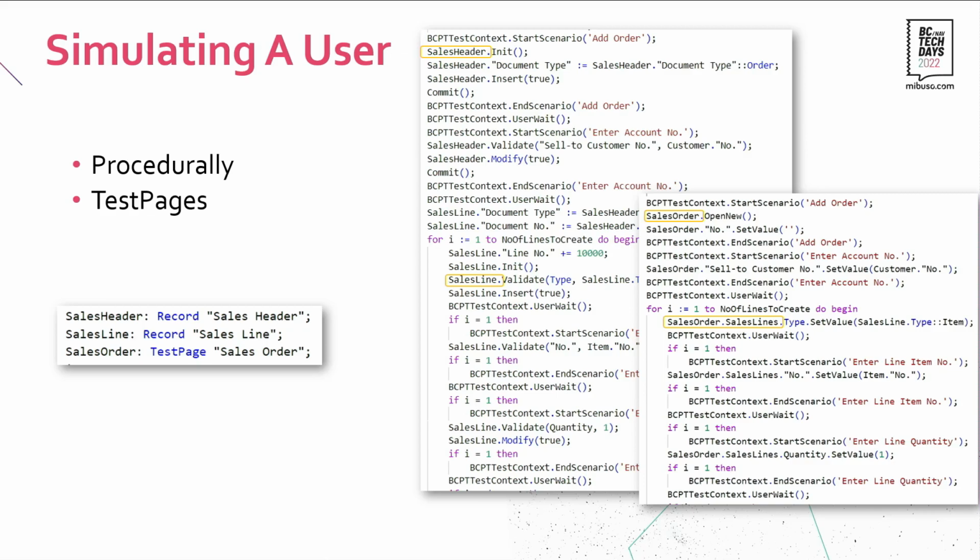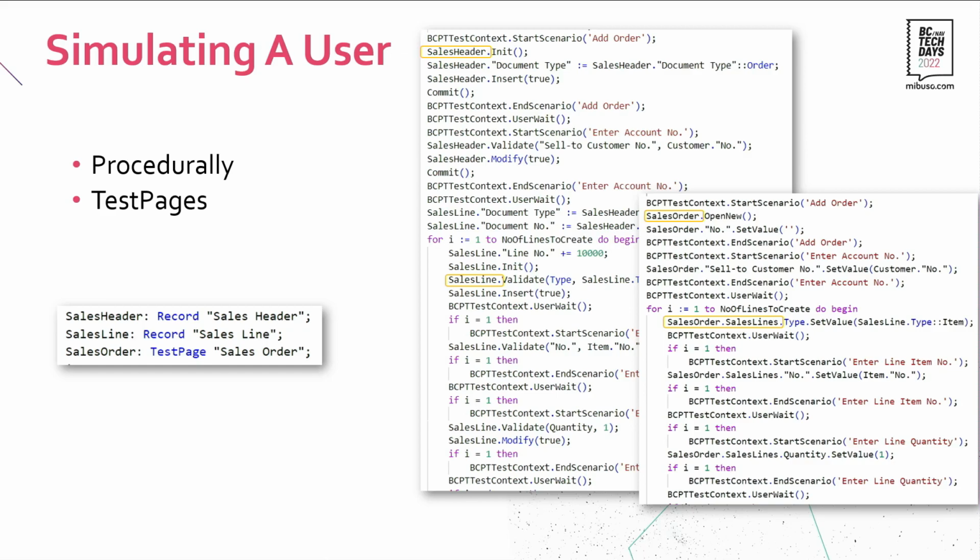For example, up here, it's inserting the sales header, and then we end the scenario, we are done inserting. And then it will create a log entry, as you saw earlier, with that scenario name. And that gives you some probing into how many SQL calls are being used and what is the time it took to do it. So that's all you have to do with your existing test.